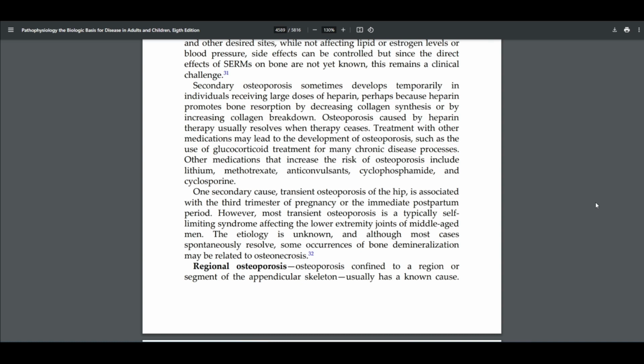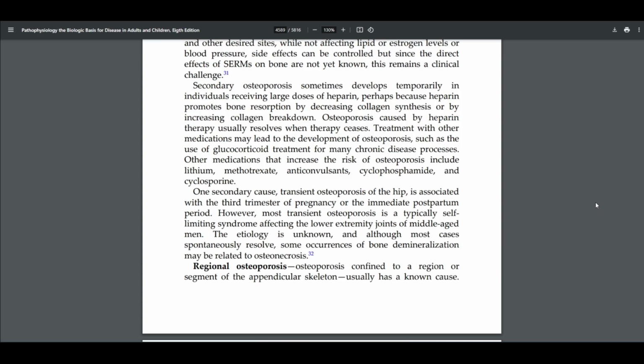Treatment with other medications may lead to development of osteoporosis, such as glucocorticoid treatment for many chronic disease processes. Other medications that increase the risk of osteoporosis include lithium, methotrexate, anticonvulsants, cyclophosphamide, and cyclosporins.